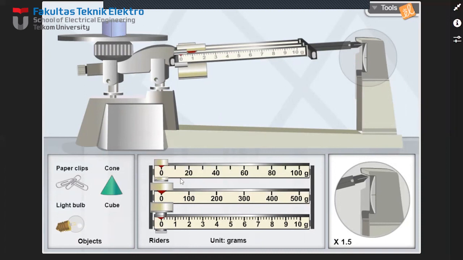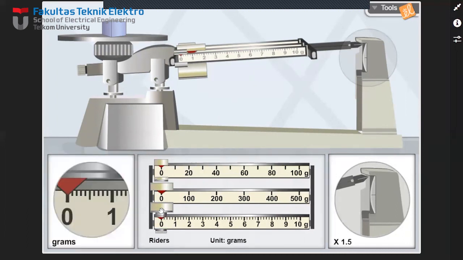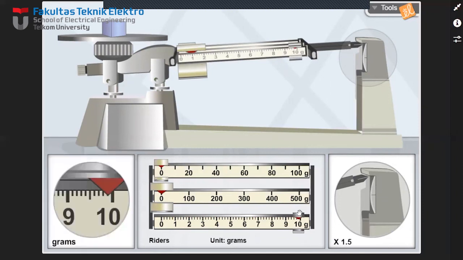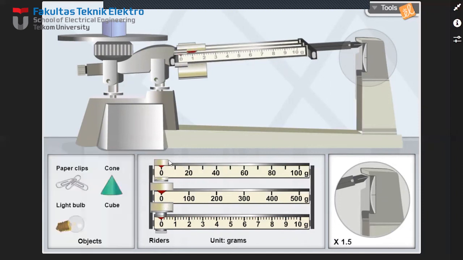Now all you have to do is slide the riders to the right and see if anything changes. The 1 gram beam here, as we can see, doesn't change anything on the weight, right? Now let's go to the 10 gram beam. Unfortunately, nothing happens on the weight either.